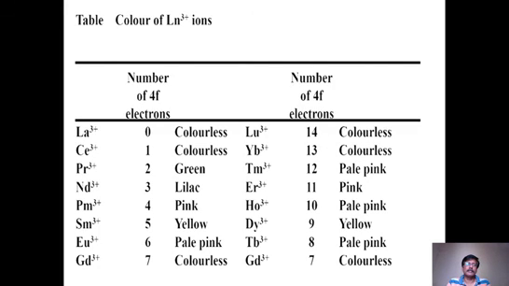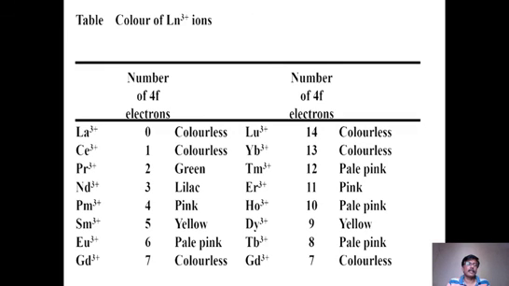Look at the examples here. You can see the number of f electrons. So the magnetic property as well as the color property both can be explained by looking at the number of unpaired electrons. Look at it very carefully. Lanthanum plus 3, the number of unpaired electrons is 0, so colorless, and magnetic property also 0.